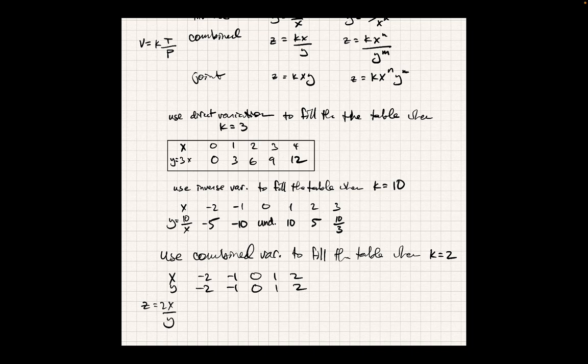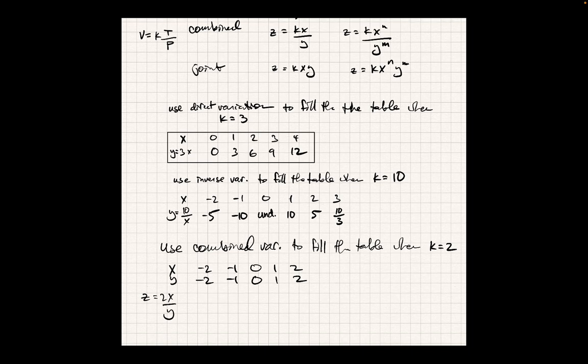Okay, Carlo, can you help us out with z? What's the first value of z? It'd be 2, because it's 2 times -2 over -2. Kira? Also 2.